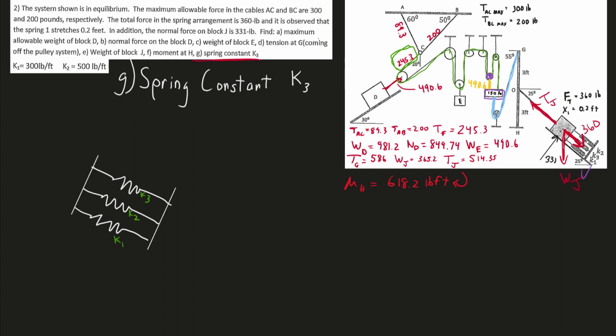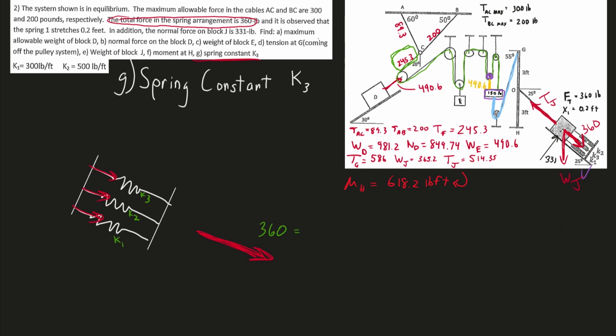And because I've derived those series parallel spring equations, I can really step through this problem with minimal difficulty. So the total force in the spring arrangement is 360. I know that when you have springs in parallel, each one of their forces add together to make the total force, the force of that equivalent spring. And that total force is 360 pounds.